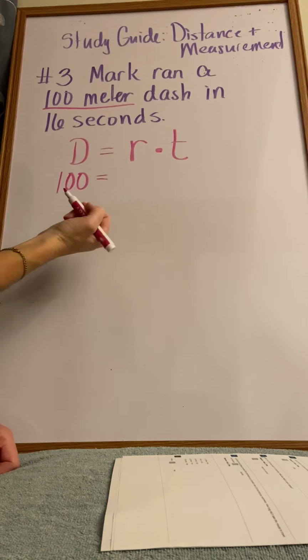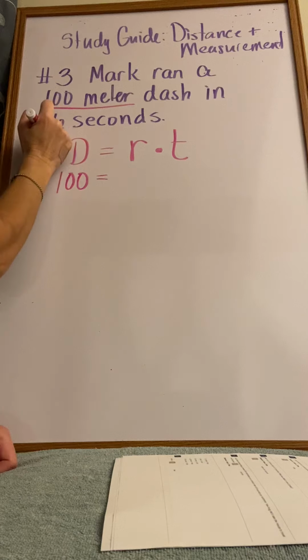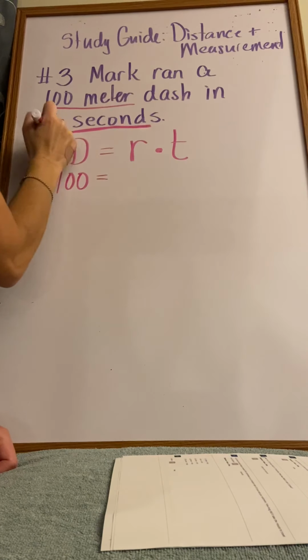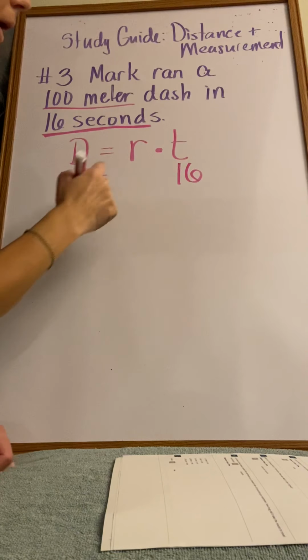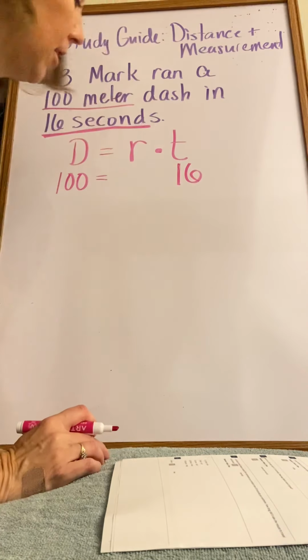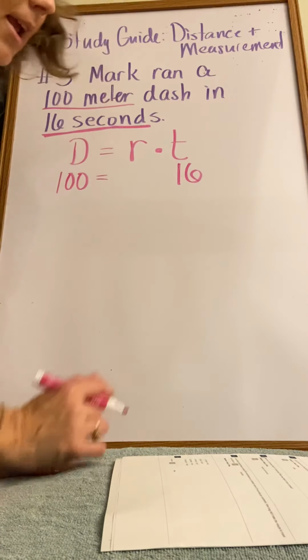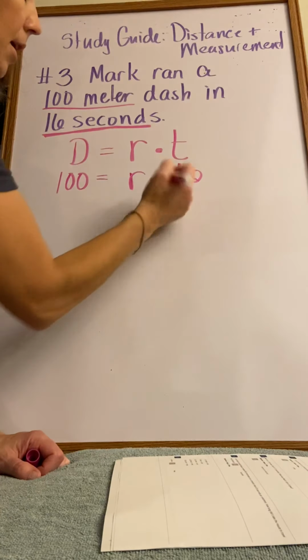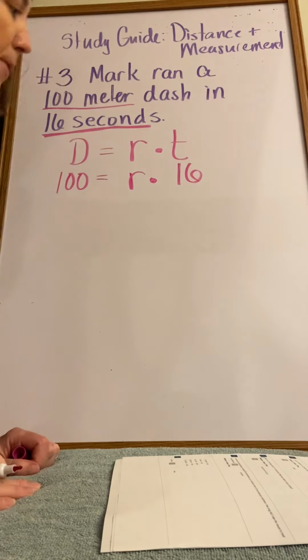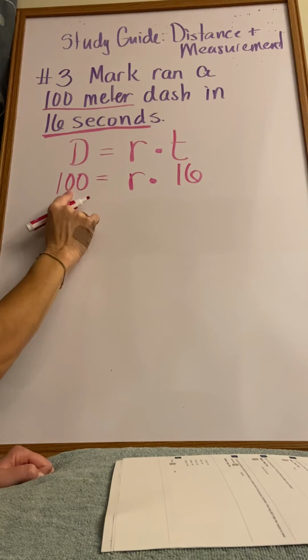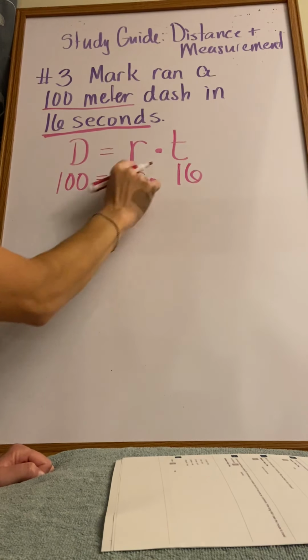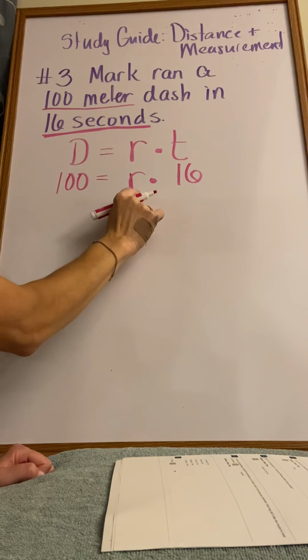So 100 equals, and then we've got 16 seconds. 16 seconds is our time. So what's missing? What's our variable? Our variable is the R, the rate. So if we're supposed to multiply the rate times the time to figure out the distance, but we already know the distance, how do we figure out this unknown rate?